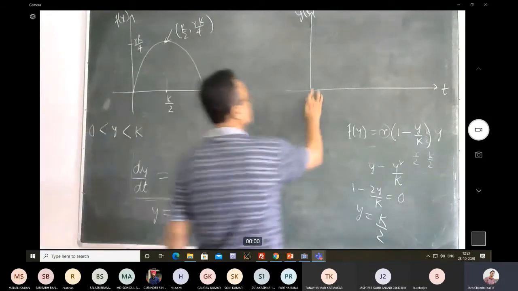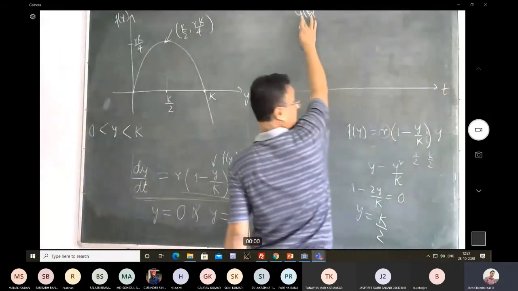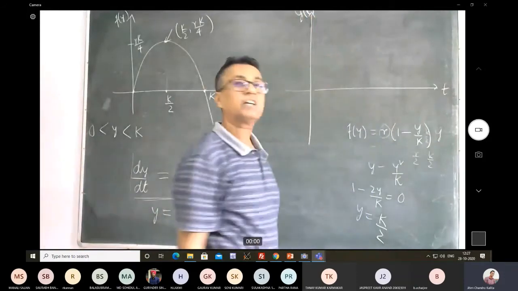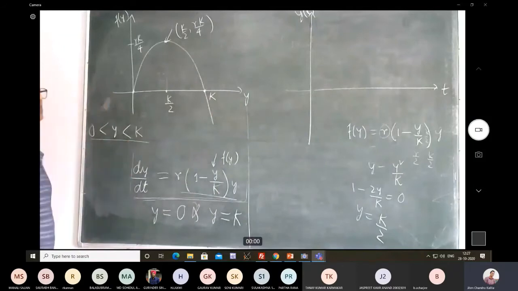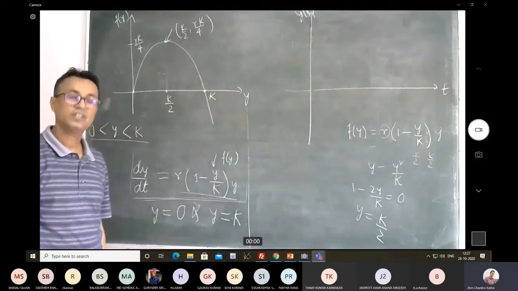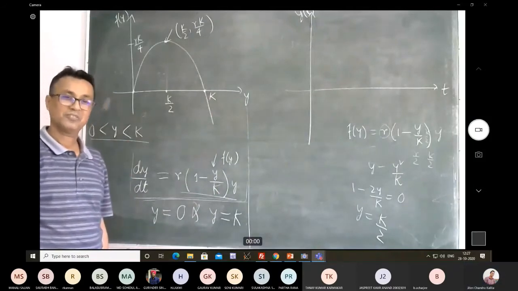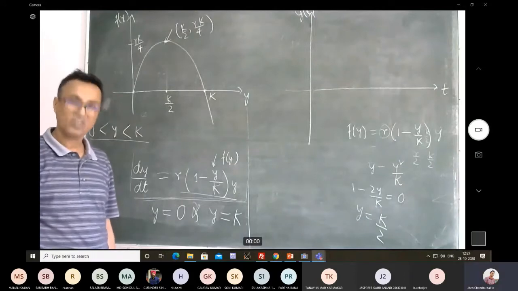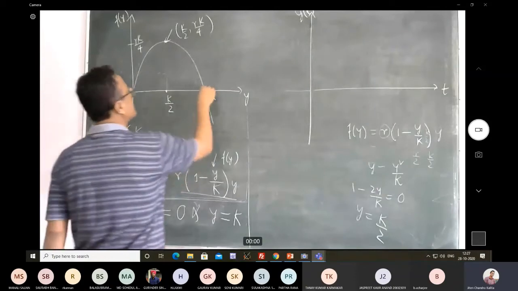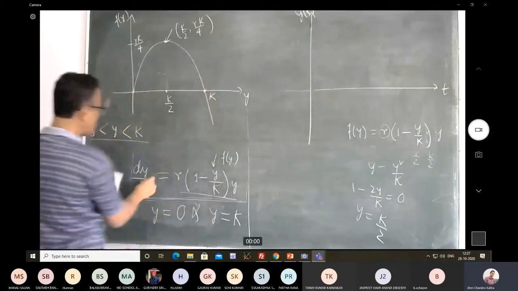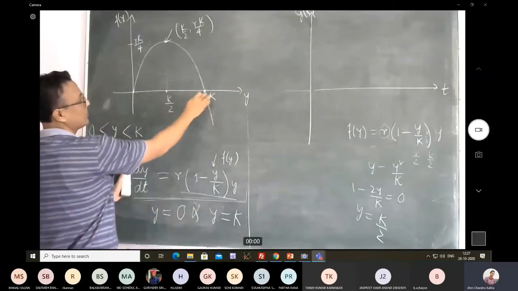Right? f(y) is greater than 0. So if you want to draw the curve of y as a function of t, that curve is going to be monotonically increasing for y lying between 0 and k, right? And of course, here you can see that dy/dt, which is nothing but f(y), is less than 0.